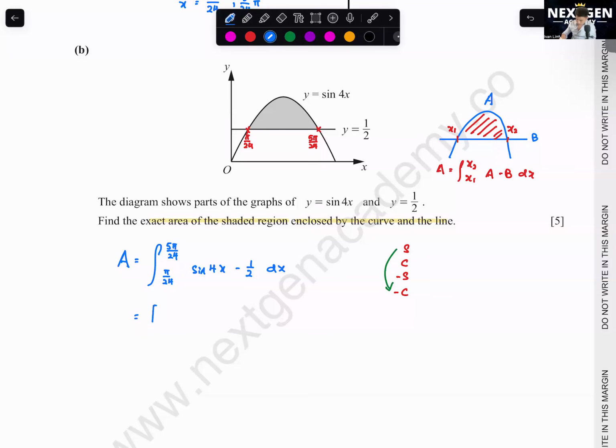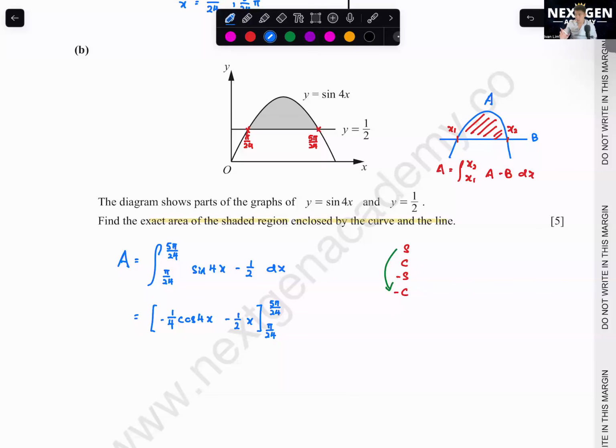So here will be negative cos 4x. Then we differentiate inside: 4x will become 4, so 1 over 4, then we divide it outside. And here, 1 over 2 is a constant, so it becomes 1 over 2 x. The limits are pi over 24 and 5 pi over 24.